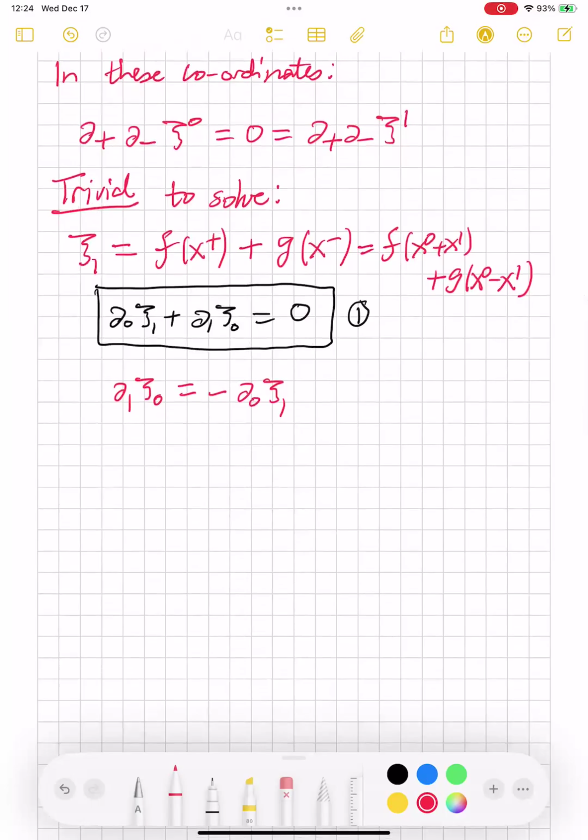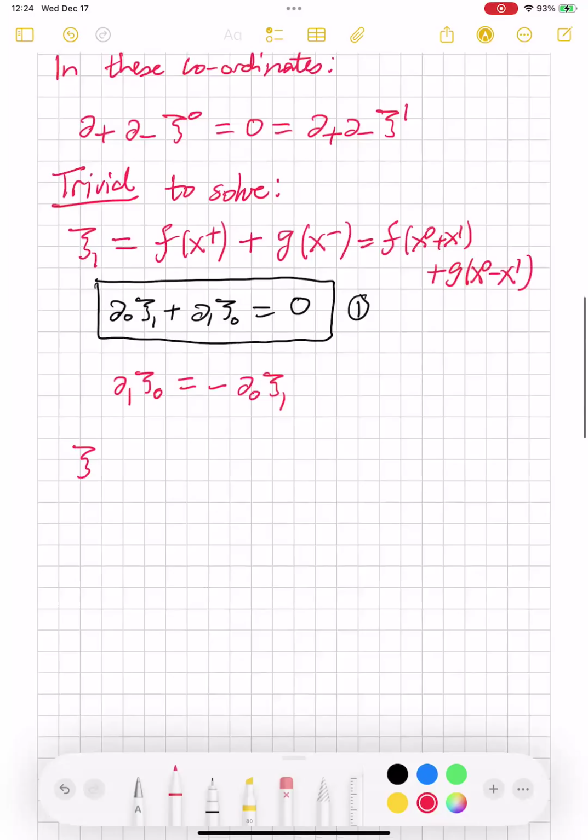Well, zeta naught should be equal to, so we'll again have f of x plus, and we will have g of x minus. If we take a time derivative of zeta 1, time and space derivatives of f are exactly the same sign. So over here, we'll need to have a minus to swap the sign of the derivative.